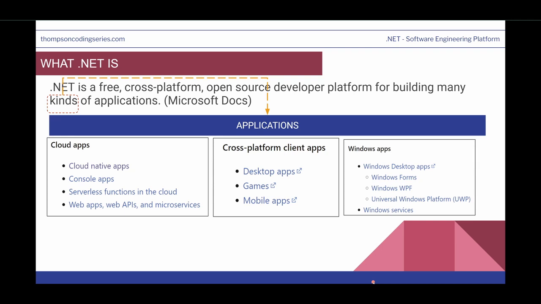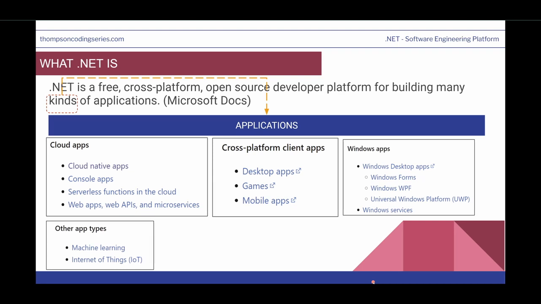So you can use .NET to build Windows services that can do special things. Startup services are applications that start themselves automatically and run some tasks. So you can also build machine learning applications or Internet of Things applications using the .NET platform.